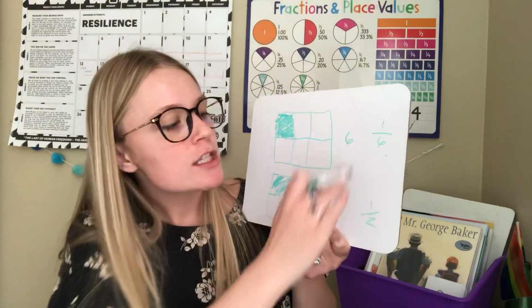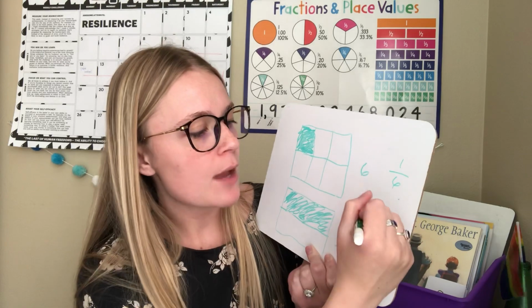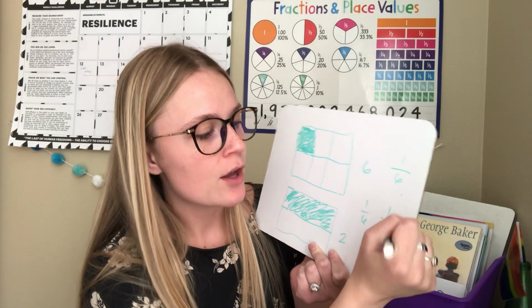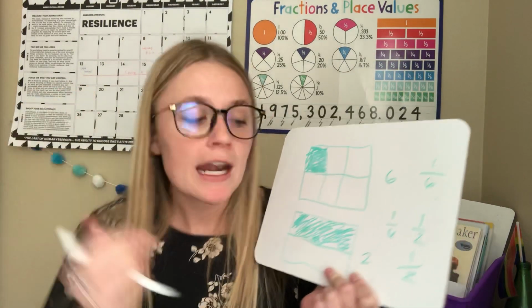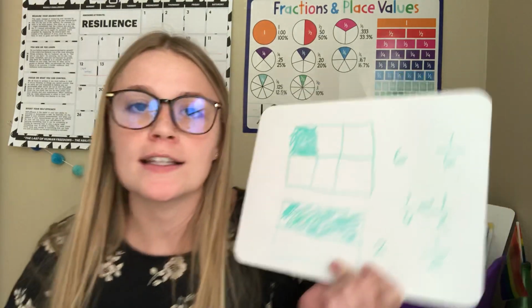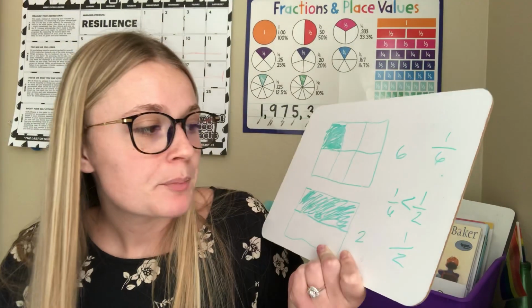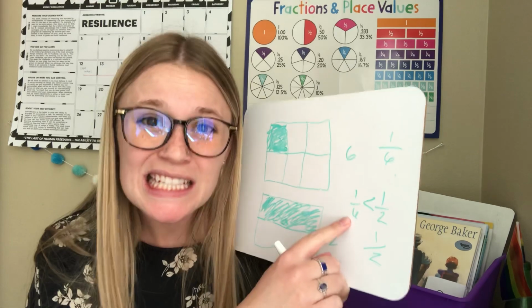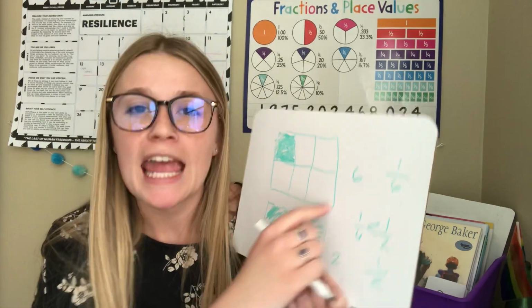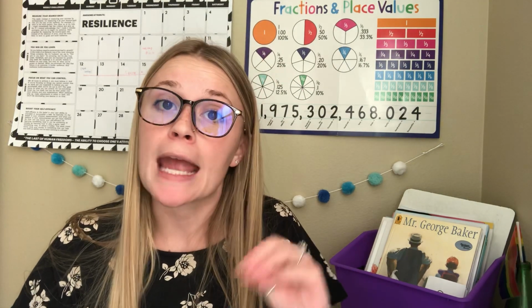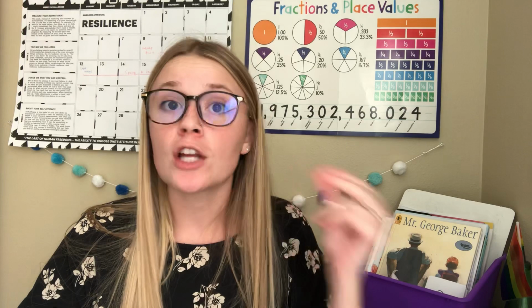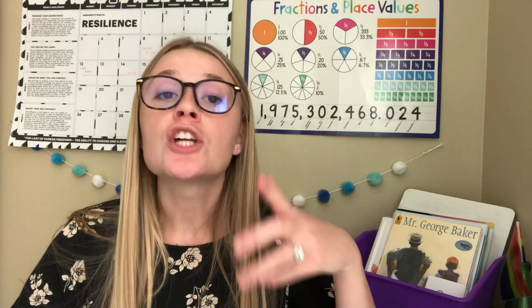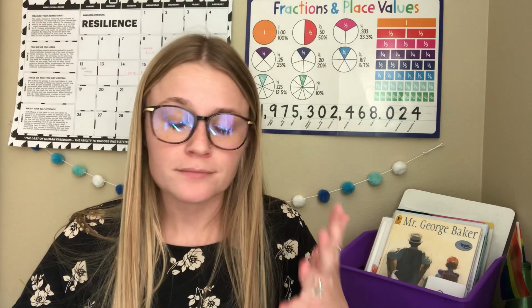So if I were to just look at these numbers, I would say 1/6, 1/2, which is greater? Automatically I know 1/2 is greater, because I'm imagining 6 equal parts within the same pan of brownies. So just like with yesterday, when the denominators were the same and the numerator changed, we could look at it really quick and be like, oh, that numerator is greater, so that is a greater fraction.